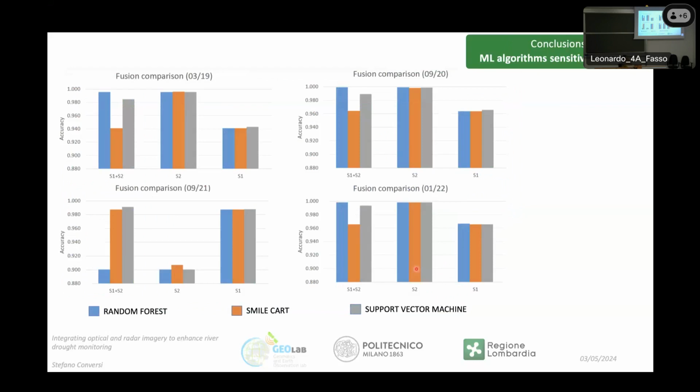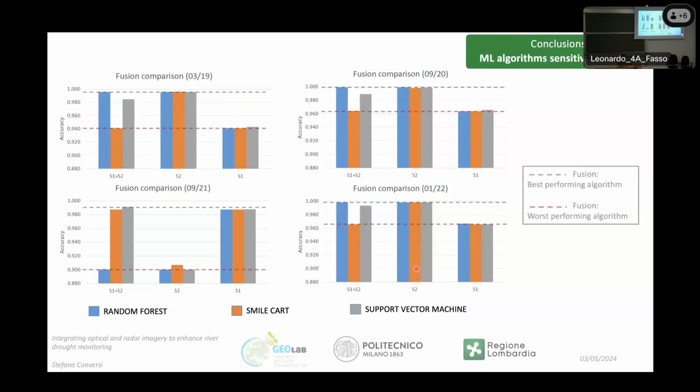Lastly, based on the evaluation that we did, we performed a comparison between different machine learning algorithms, and we also wanted to understand if our work was actually useful or not, because we also tried to classify everything with a single sensor, only optical and only radar images, and we compared these results.